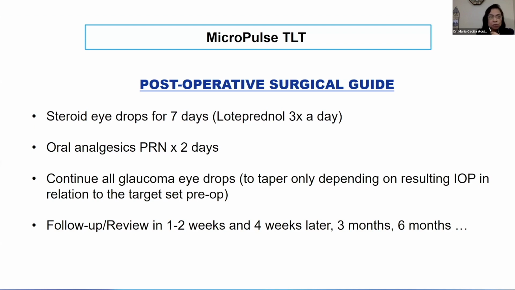We don't usually stop the glaucoma drops. We are going to taper it only depending on the response of the patient in relation to the target set pre-op. And the follow-up, we usually will ask them to come back in 1 to 2 weeks, and then 4 weeks later, and then 3 months, 6 months thereafter.